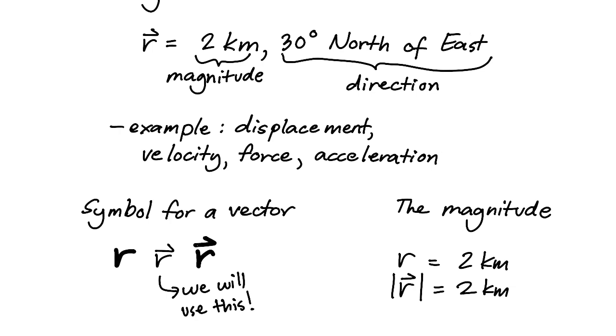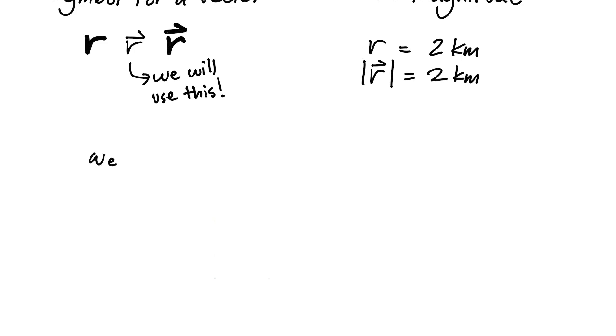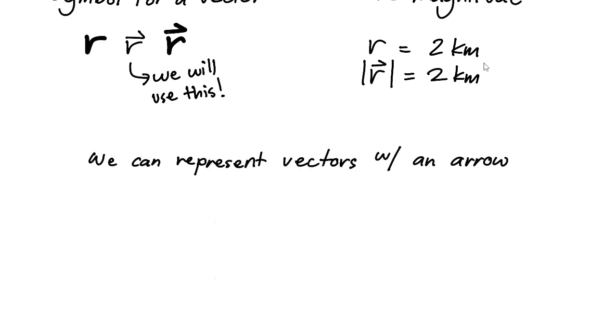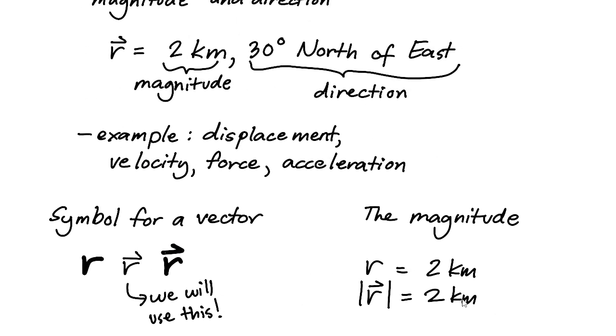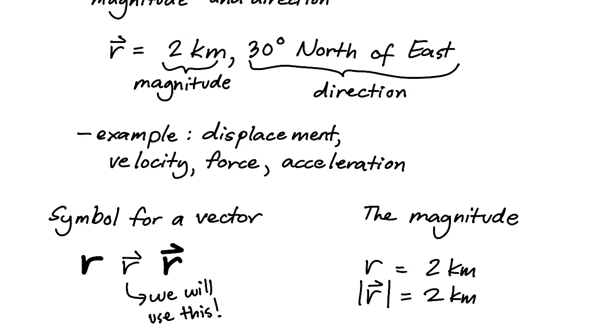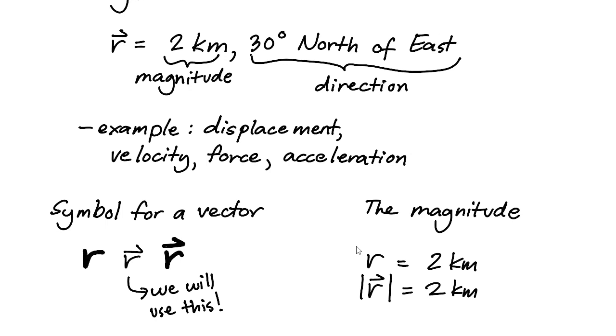Okay, now dahil sa nature ng vectors na meron silang magnitude and direction, it is sometimes useful to represent vectors graphically. And we do that using an arrow. So for instance, yung ating vector kanina, itong vector R, 2 kilometers, 30 degrees north of east.